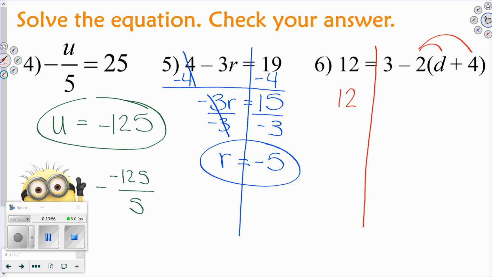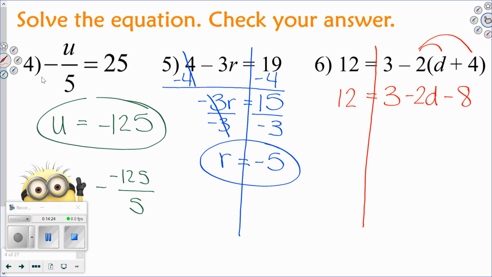So we have 12 equals. The 3 just kind of comes down with me. Now, keep in mind that 2, do you see the minus in front of it? That makes that -2. So -2 times d, -2d, and then -2 times 4 is -8. Okay, so be careful. If there's a minus in front of it, that makes that negative. That stays with it. Okay?